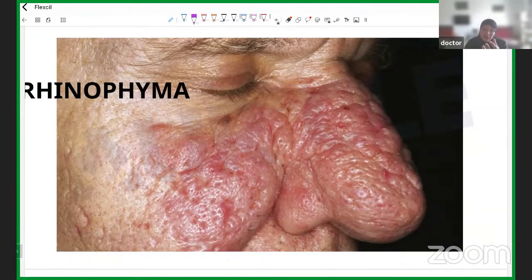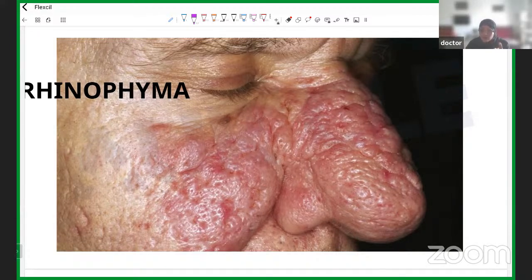Now, when these glands undergo hypertrophy, what is hypertrophy? Increase in the size, right? So when the sebaceous glands increase in size, that is hypertrophy, it will start showing this tumor that is known as rhinophyma, also known as potato tumor. So it is usually seen on the tip of the nose because your tip of the nose has sebaceous glands.